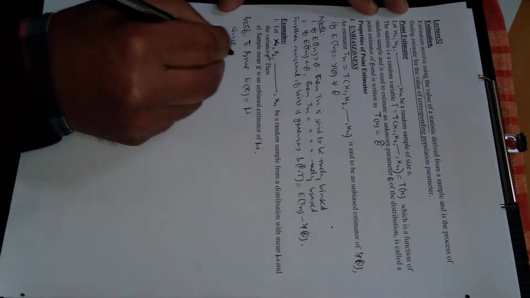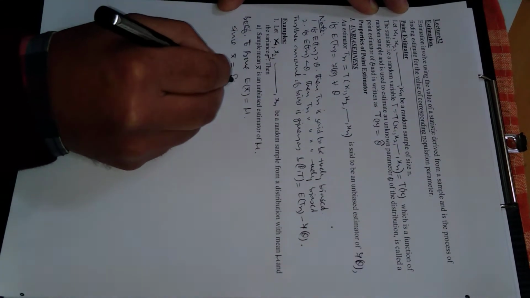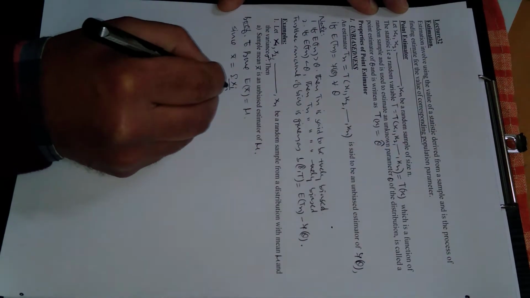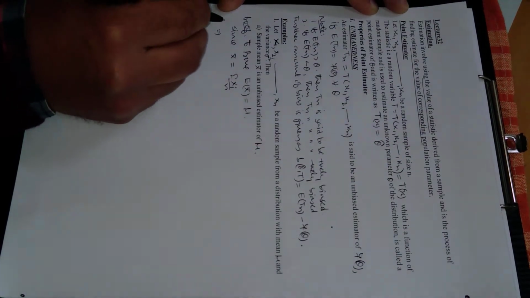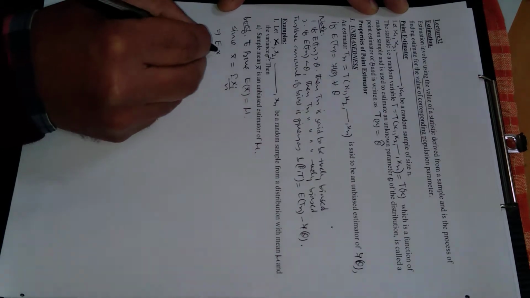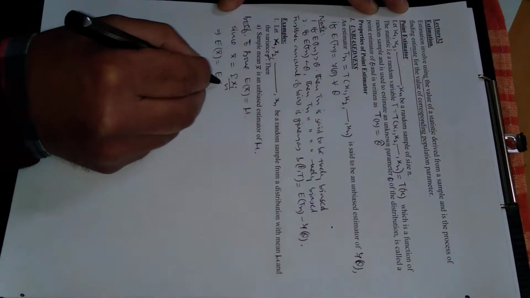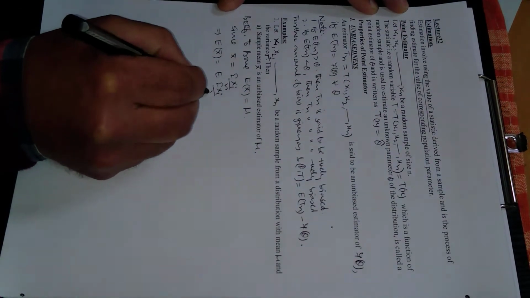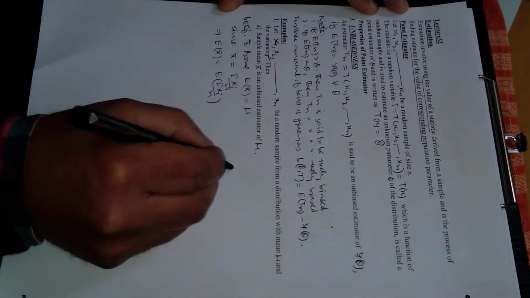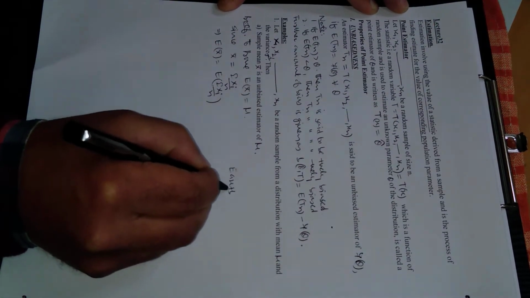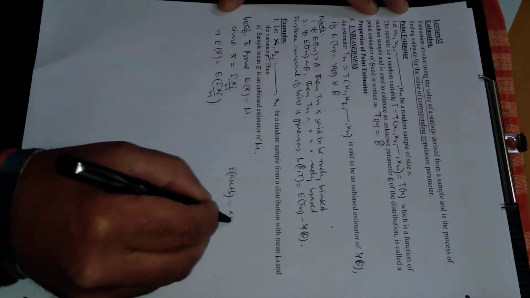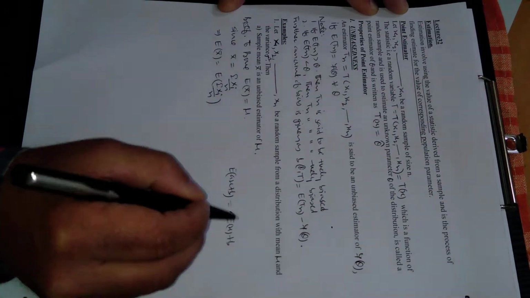Since we know sample mean x bar is equal to summation xi divided by n. Now taking expected value of both sides, E of x bar is equal to E of summation xi upon n. Now using the linear property of expectation, where a and b are constants, E of (a x plus b).